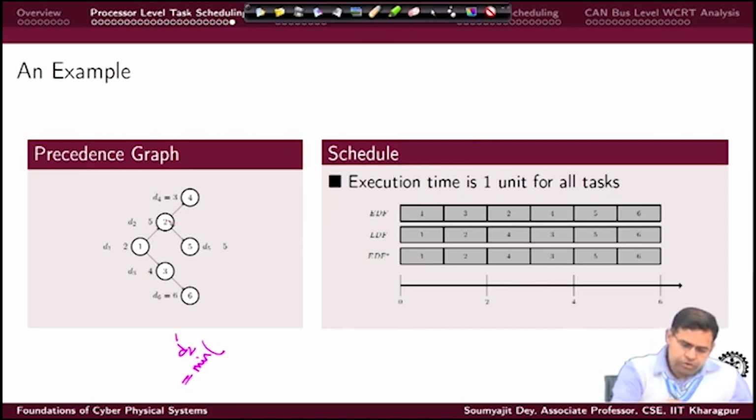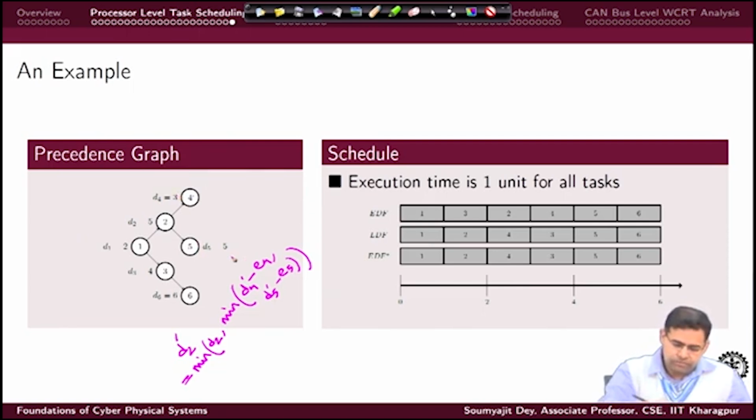So, for 2 we have 2 successors, 4 and 5, right. So you are going to compare here with D2 and then do a mean over that, and D4 prime equals D4 equals 3, D5 prime equals D5 equals 5, right.